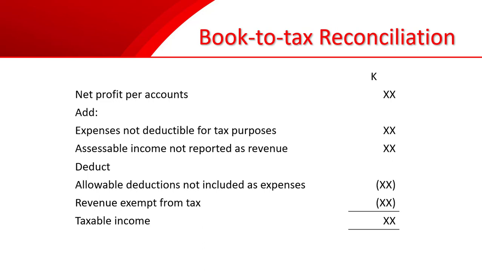Then we add expenses not deductible for tax purposes, then assessable income not reported as revenue from a tax point of view, and then allowable deductions not included as expenses, and then revenue exempt from tax provisions or requirements, and then you will arrive at taxable income.